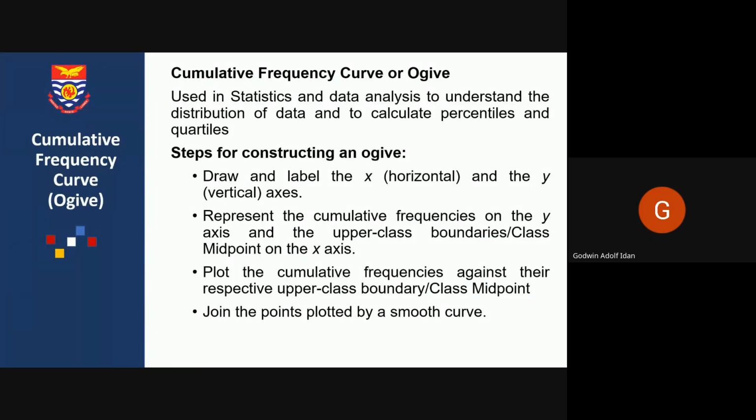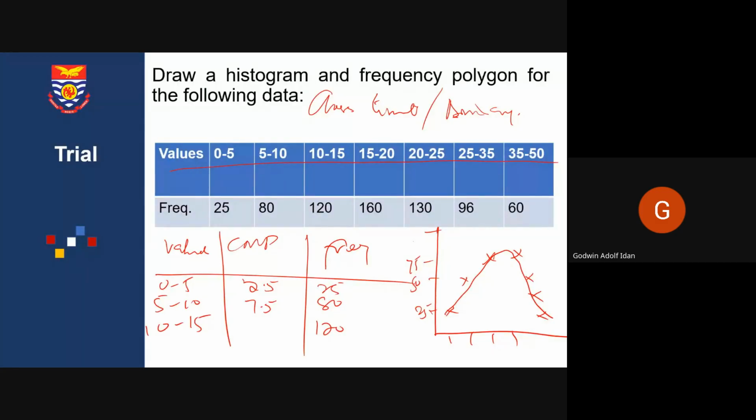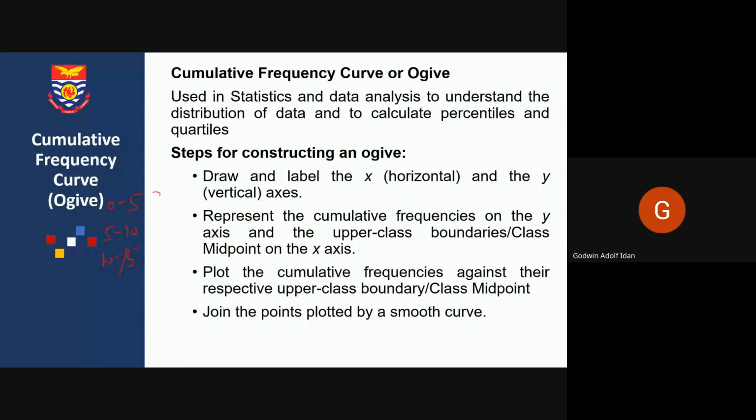And by cumulative frequency, we mean we add the various frequencies right from the first class to the last class. For instance, in the example we were solving, where we had 0 to 5, 5 to 10, 10 to 15 in that particular order, and their respective frequencies starting from 25, let's say 80, in that particular order.